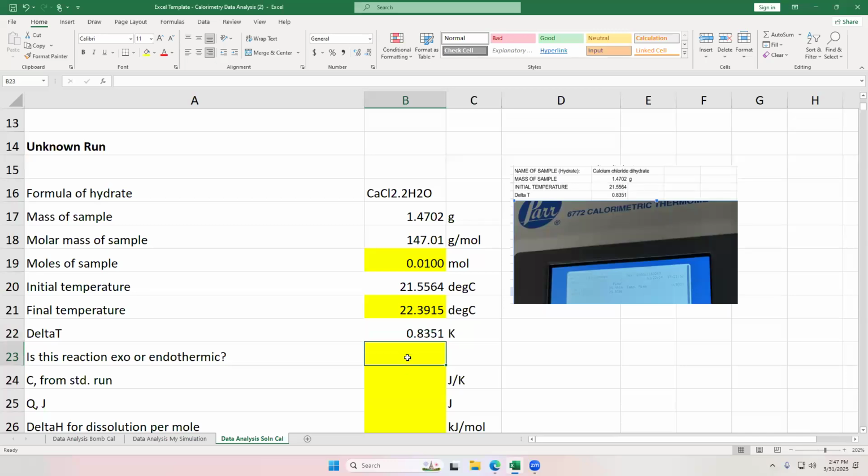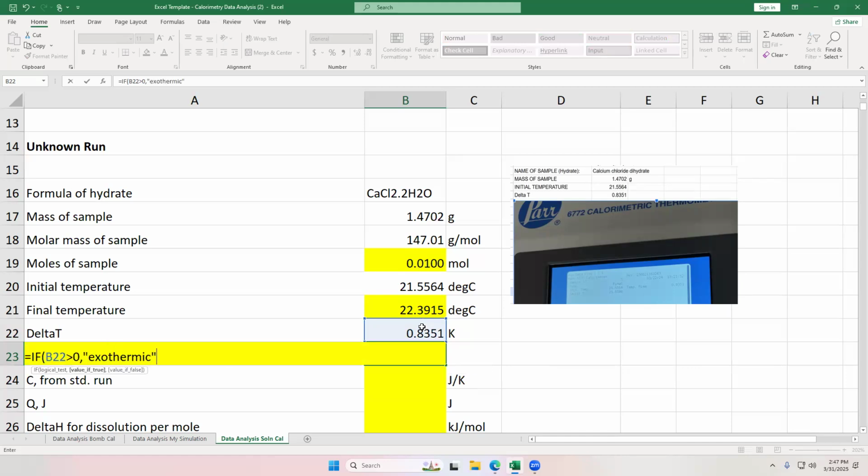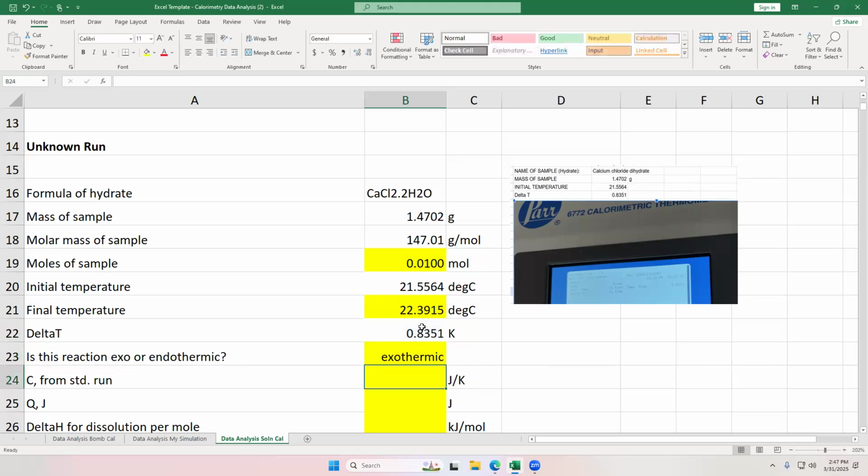All right, so is this reaction exothermic or endothermic? Well, you can use an if statement here. If delta T is positive, the temperature went up. Is the reaction exothermic or endothermic? Exothermic, so I put in quotation marks "exothermic", comma, and then otherwise it's "endothermic".